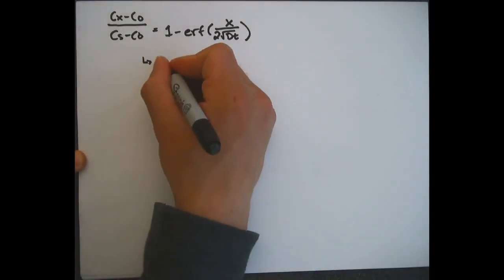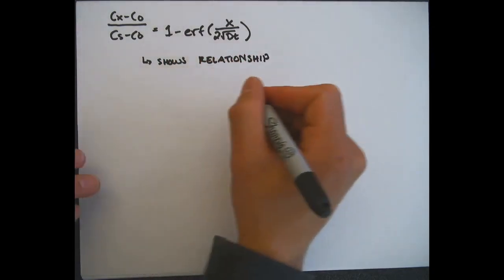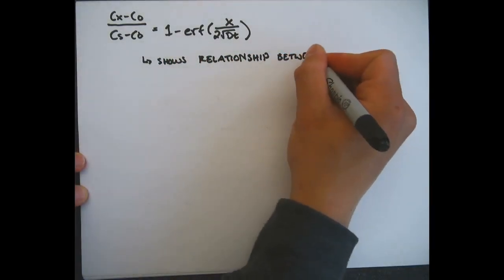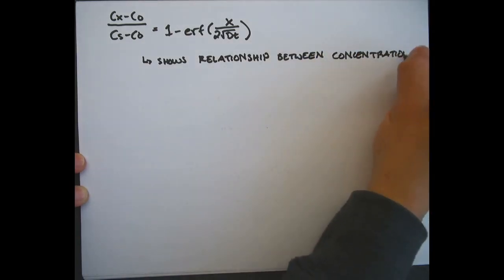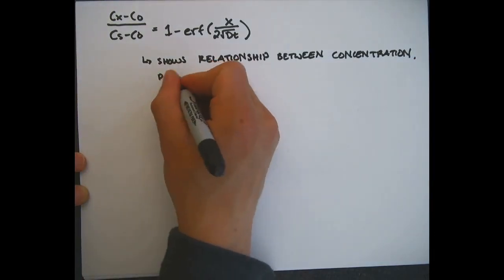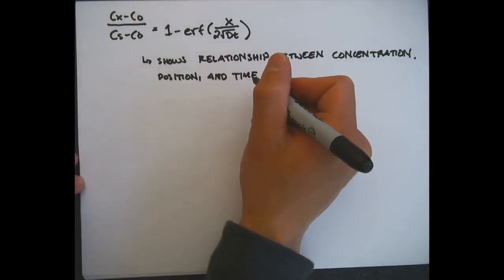Now, to further define this function, although I've defined it pretty well, what it does is it shows the relationship between concentration, position, and time. And I'm going to show you this by drawing the graph that kind of just shows how everything correlates with each other.